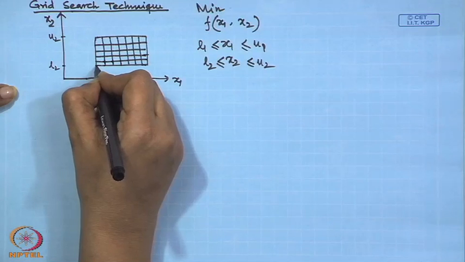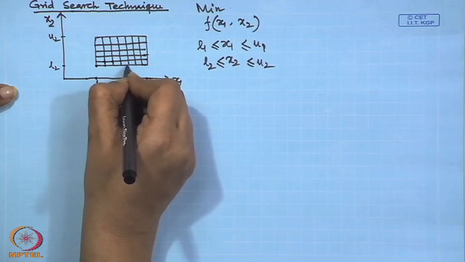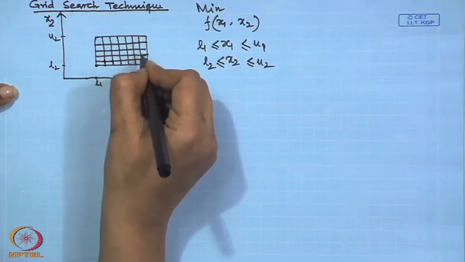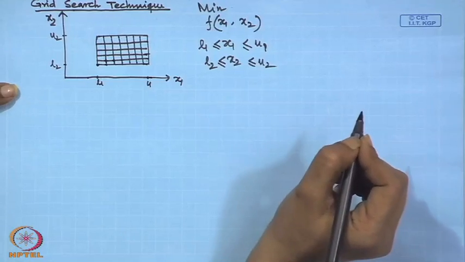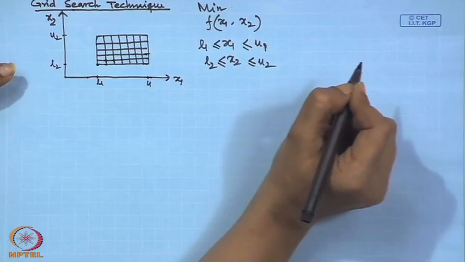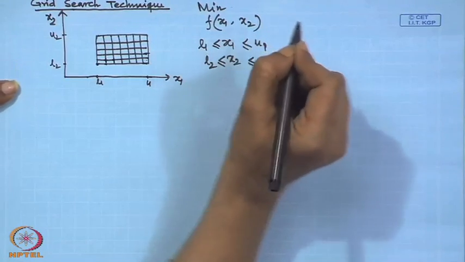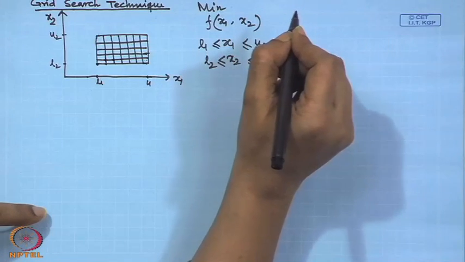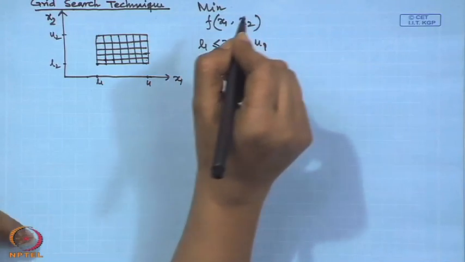At this point we will find the functional value, and here also. In this way we will move and find the functional value at each and every point, and since the problem is minimization, we will select the minimum value and declare the corresponding xi as the optimal solution.